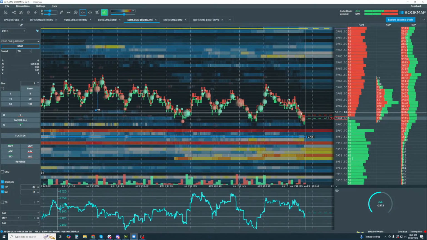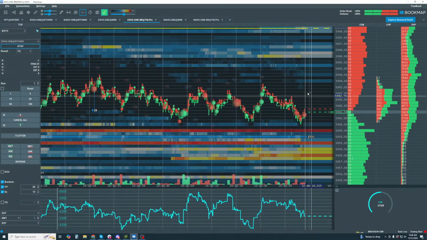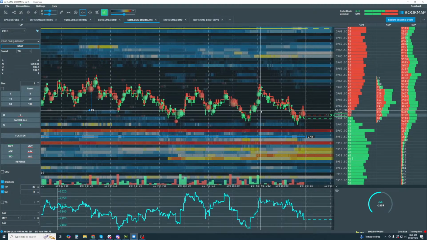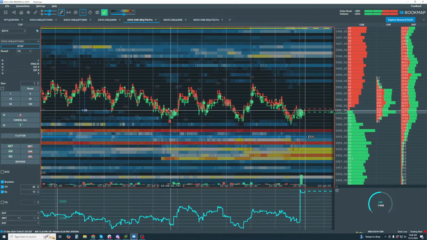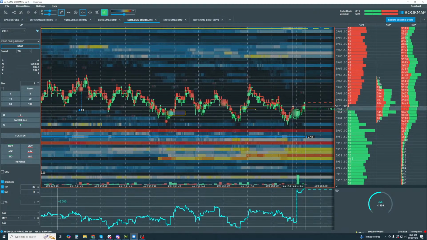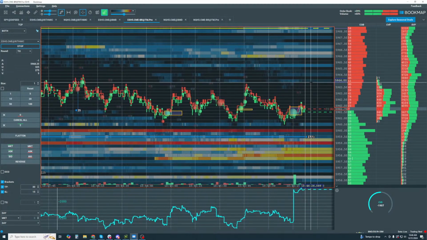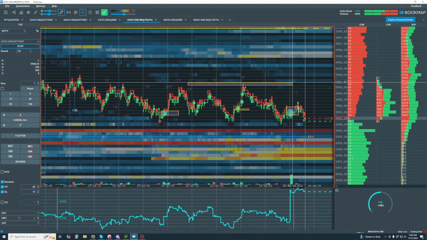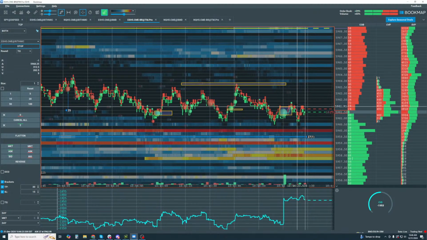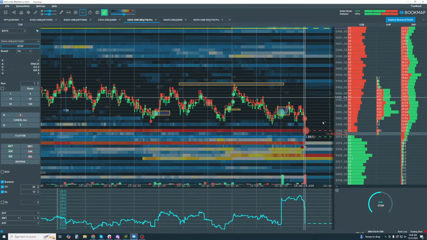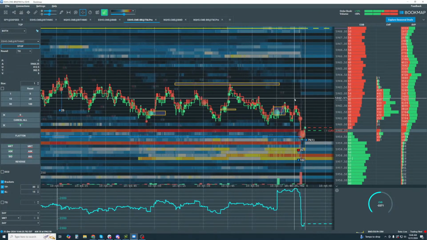Now, if we don't get our buyers in here, I'm looking for the break. We did though, so this is not the easiest day. See how we're getting our buyers again, but they're not buying up here. Not yet. Okay. Here's our break.